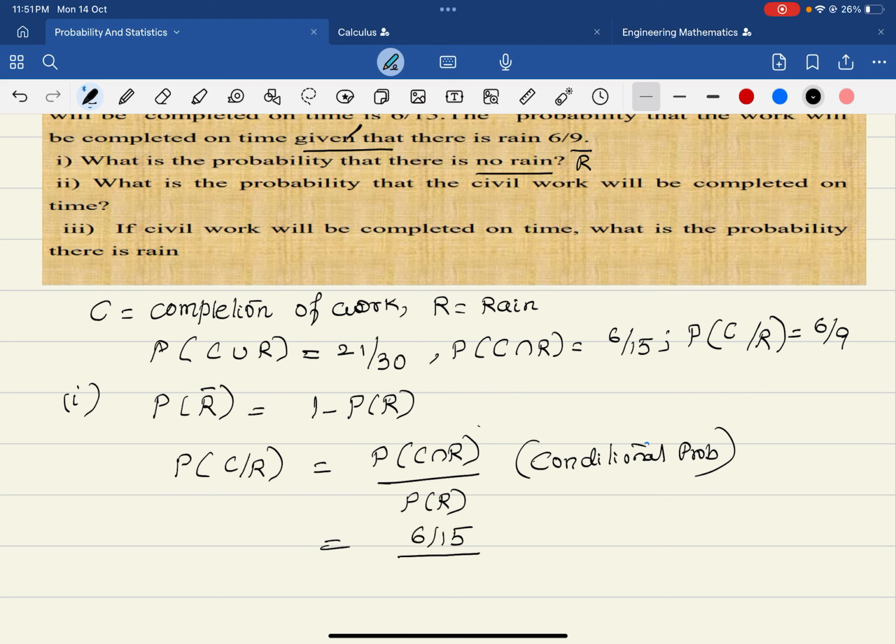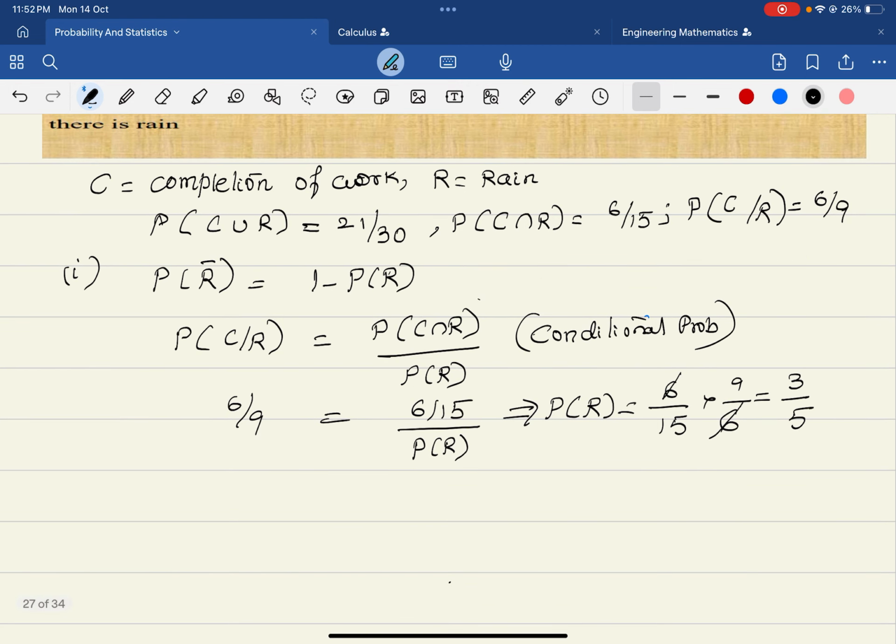What is P of R? We don't know. We are going to find that out. And P of C given R is 6 by 9. So P of R is given by 6 over 15 divided by 6 by 9, that means times 9 by 6. 6 gets cancelled. 9 by 15 means 3 threes and 3 fives. So P of R is 3 by 5.